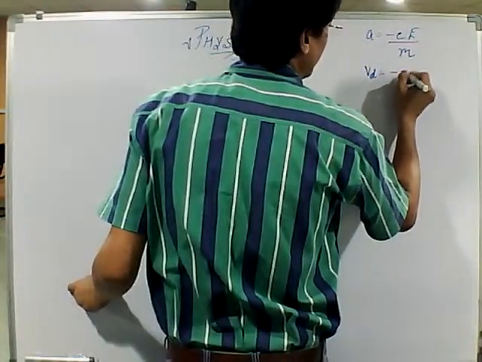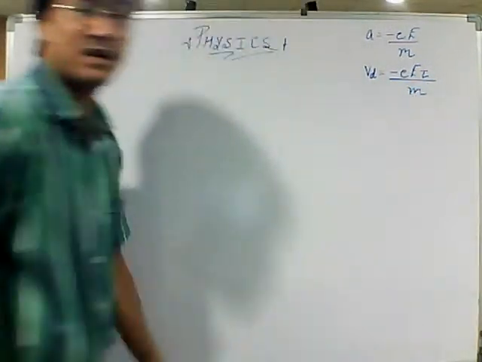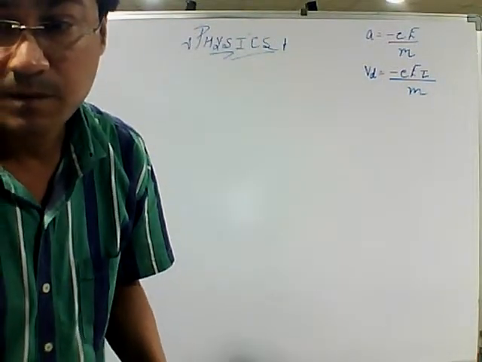We got drift velocity as minus eE tau by m. Now let us find the expression for current in terms of drift velocity.